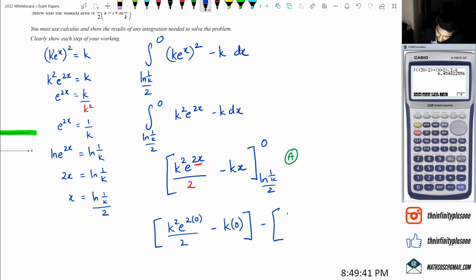So we've got k squared e to the power of 2x, where x is equal to ln of (1 over k) over 2, all of this over 2, minus k times ln of (1 over k) over 2. So just want to check that I've actually got everything right here, because between 0 and ln of k over 2, everything is looking good so far.